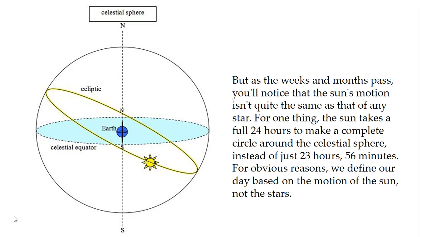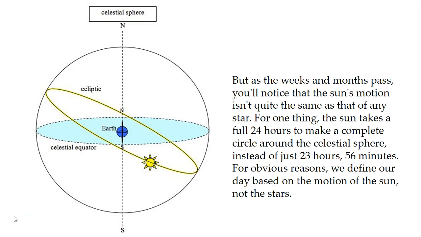Okay, so here's what we're going to be looking at. You're going to notice that throughout the course of a week, a month, and so on, the sun is not quite the same as a star. You're going to see the sun actually change its position in the sky. It's either going to be higher in the sky or lower in the sky, depending upon what time of year it is.